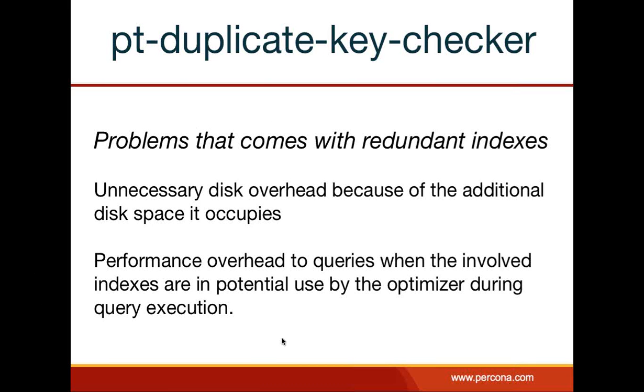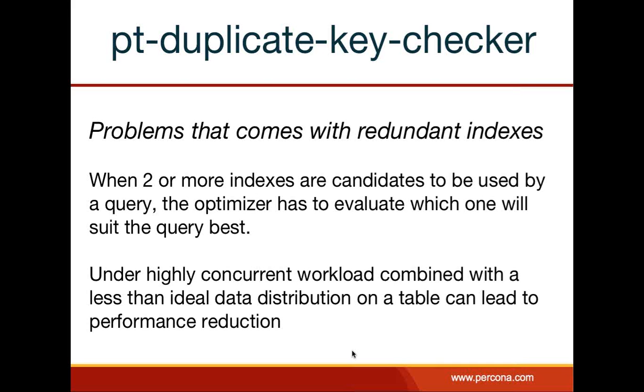Also, there's a performance overhead when the redundant indexes are potentially used by the optimizer during query execution. That means that when there are two or more indexes that are candidates to be used by a query, so the query can be resolved by index A and index B, the optimizer has to evaluate both, or the three, or however many there are, to find out which one suits the query best.